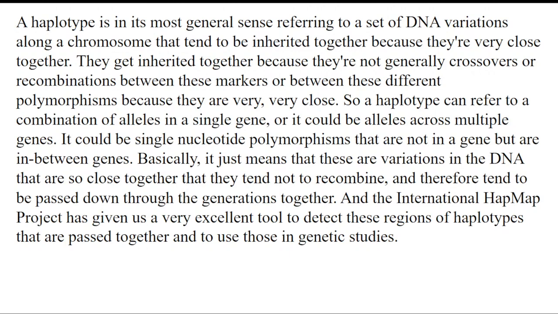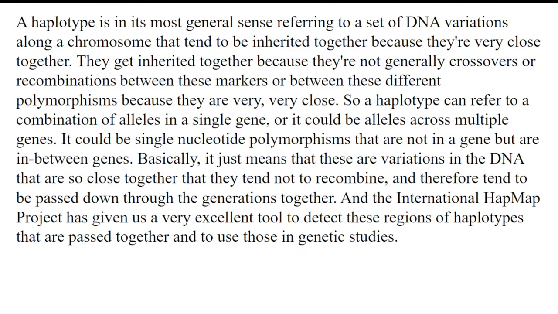So a haplotype can refer to a combination of alleles in a single gene, or it could be alleles across multiple genes. It could be single nucleotide polymorphisms that are not in a gene but are in between genes.